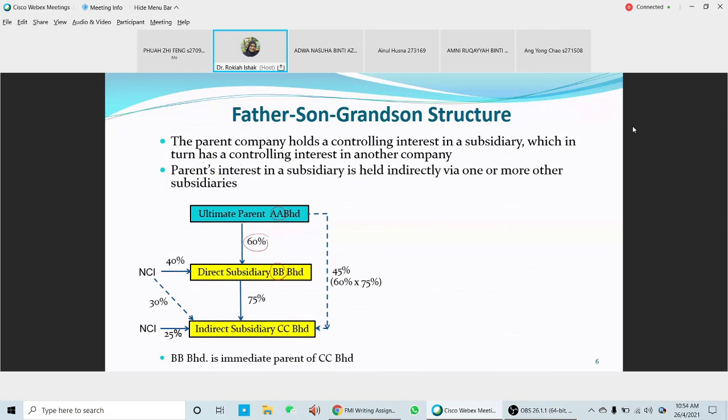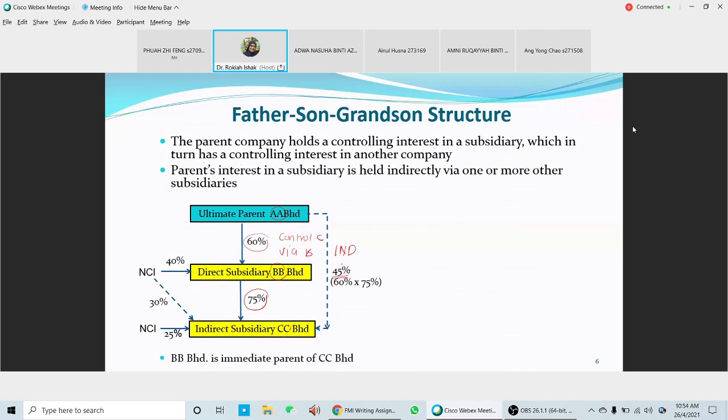At the same time, B also has control over C with 75%. So indirectly, the parent has control over C by 45%. The parent has an effective share of 45%, but even though the share here is only 45%, the parent can control C through B. Okay, the parent controls C through B.